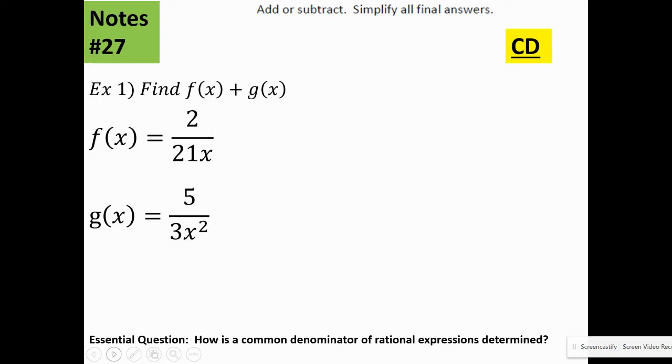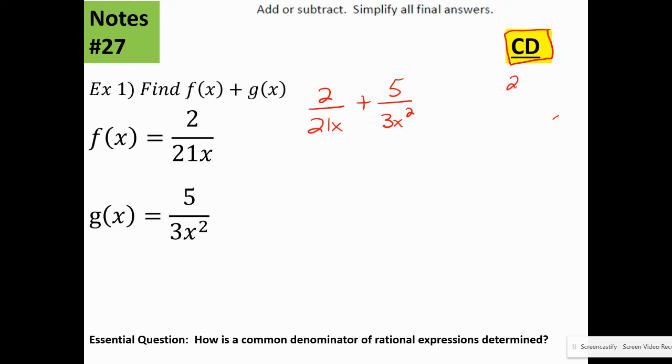Okay, so these are going to be the 4 problems for your notes. This is number 1. So we're going to find f of x plus g of x. So I'm going to write down 2 over 21x plus 5 over 3x squared. Please write down CD off to the side. That's very important in my classroom. Okay, we're going to go big.